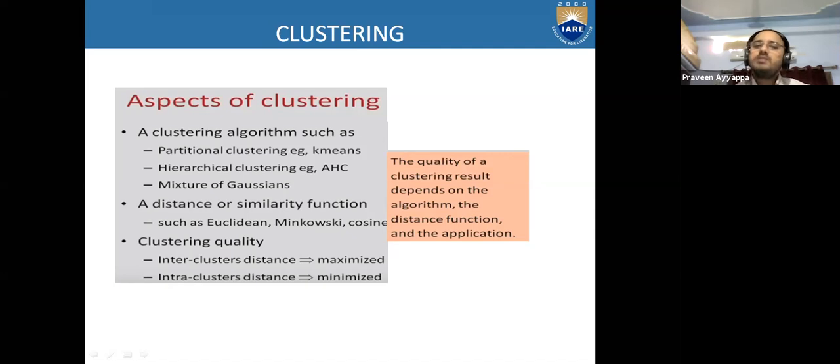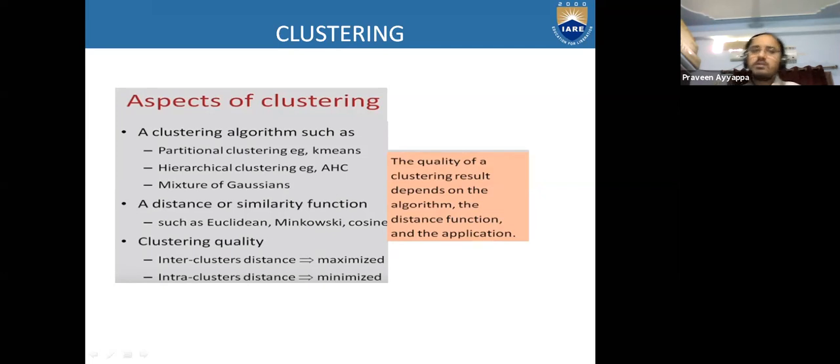So by using the partitional algorithm, or the hierarchical clustering, or the mixture of Gaussians, we can get the qualitative cluster. And as I have said, the distance or similarity function is common for all algorithms to measure the distance between the objects, and it depends on the specific application we are going to apply this algorithm to.